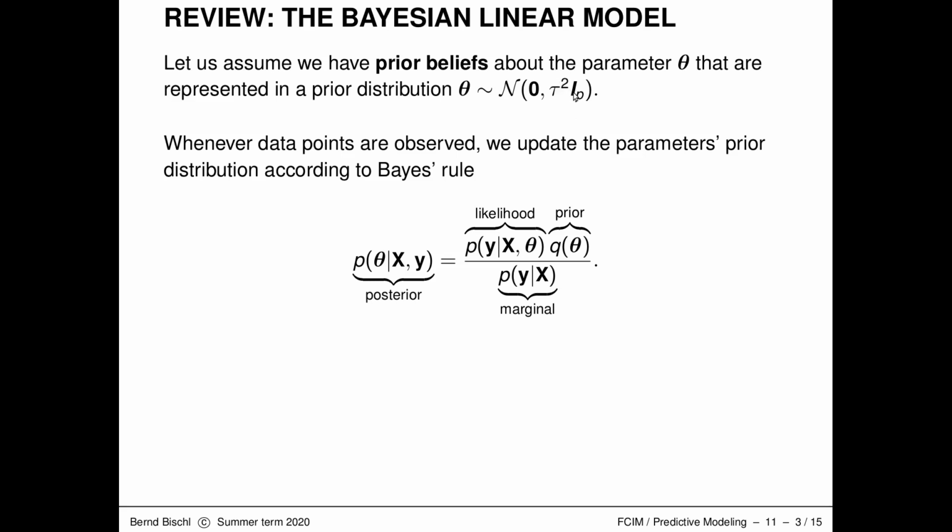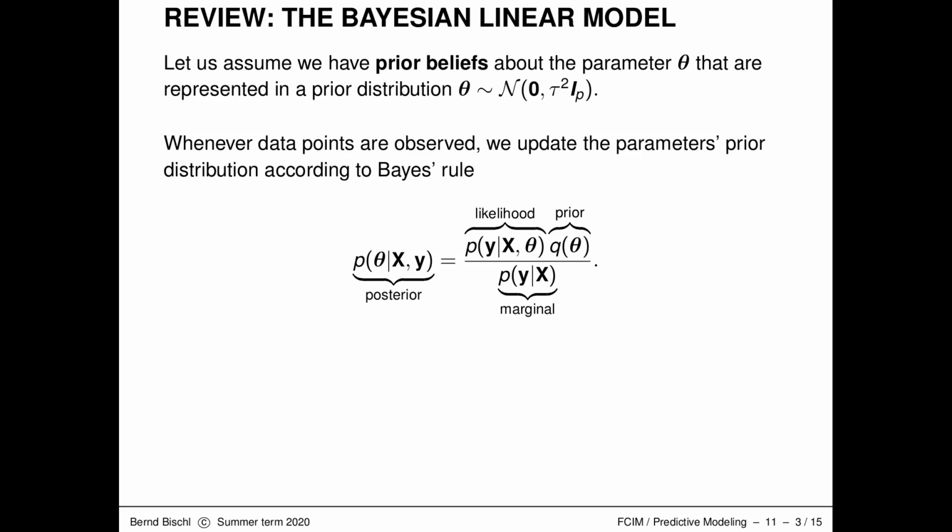So this I here is an identity matrix, and there's this width parameter of my prior distribution, tau squared, so the variance. And the larger I set that tau parameter, the less I assume to know about my theta vector a priori. And very often I don't know that much about it, so I'll set this to a pretty large value and then let the data speak.